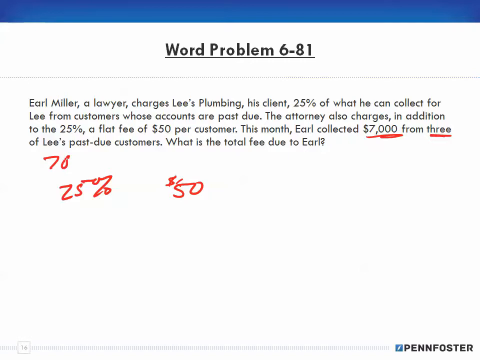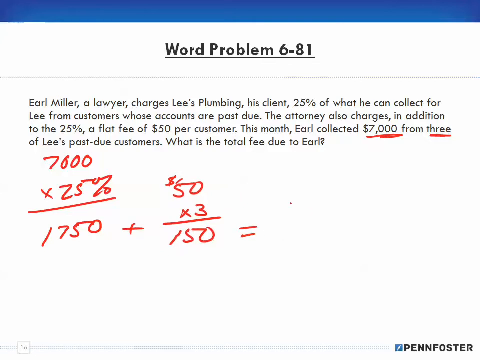If he collected $7,000 and he gets 25% of that, you multiply the 7,000 by 25%. So 7,000 times 0.25, and he ends up getting $1,750 for the percentage. Since he collected from three customers, that's an additional 150. Then we add the 1,750 plus the 150, and we end up with $1,900 total that Earl Miller, the lawyer, receives.